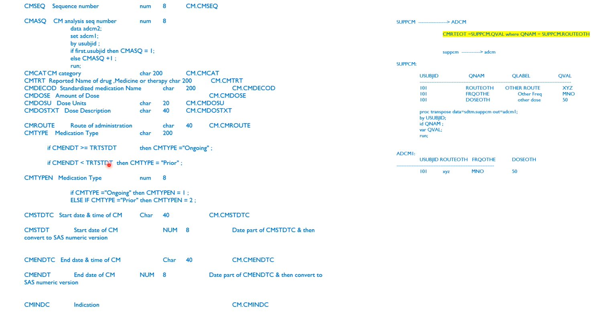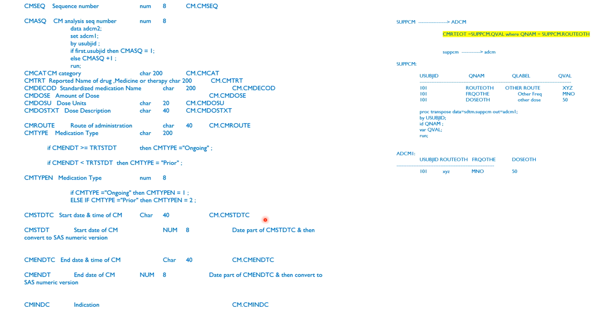Then based on the producer variables, we derive some standard variables like start date in numeric format, and start date-time in numeric and character format. Like that, the standard variables. In the same way for end date also, we derive numeric format and date-time. In the same way, duration also we derive from the start date and end date. These are the standard variables.